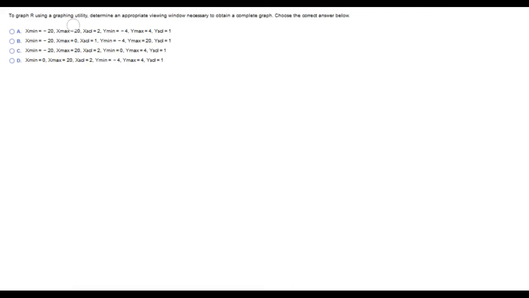To graph r of x using the graphing utility, determine the appropriate viewing window necessary to obtain the complete graph. Choose the correct answer below. So first of all, I just want to refresh myself on a couple things. My function is x plus 7 over x times x plus 11.